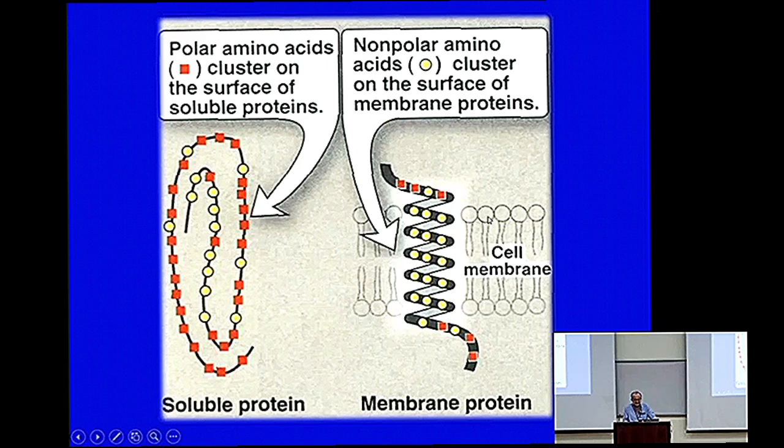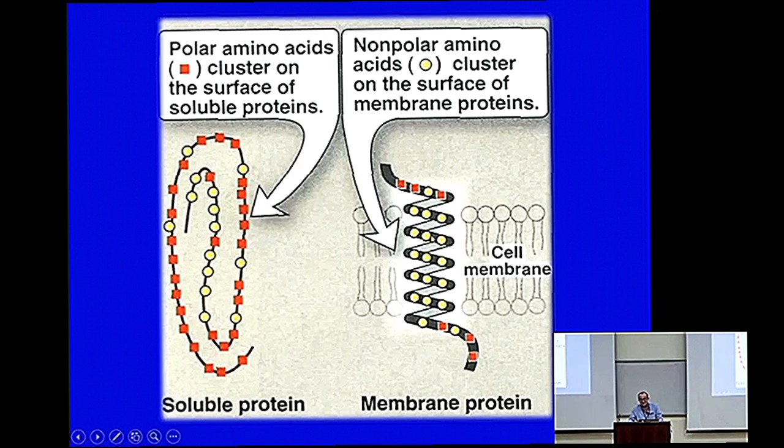I want you to appreciate that the interior of the cell membrane is made up of fatty acyl chains, which are non-polar in nature, hydrophobic. On this side, there's an aqueous environment surrounding the cell. The cytoplasm on the other side is also aqueous. But the membrane itself, the interior, is non-polar hydrophobic.